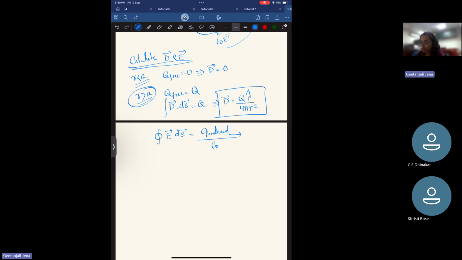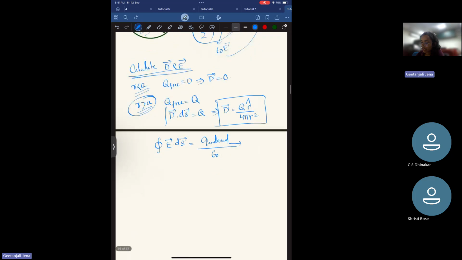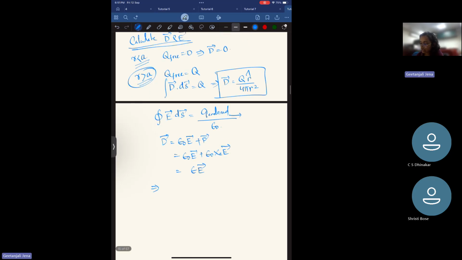That is why you can also see in the problem it's given, it's a linear dielectric material of susceptibility chi E. So for linear dielectric, D will be epsilon naught E plus P, and for linear material you can write P as epsilon naught chi E, which gives epsilon E. So if you know D, you can calculate E. E will be D by epsilon.